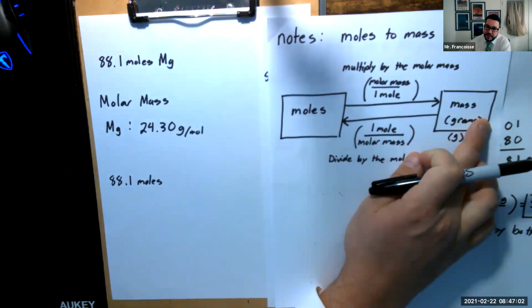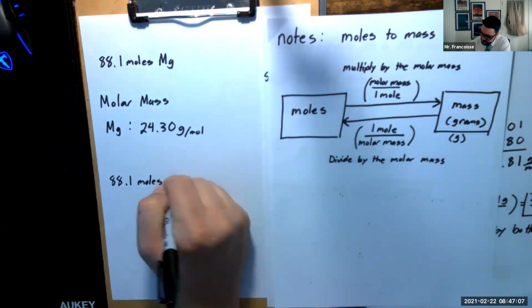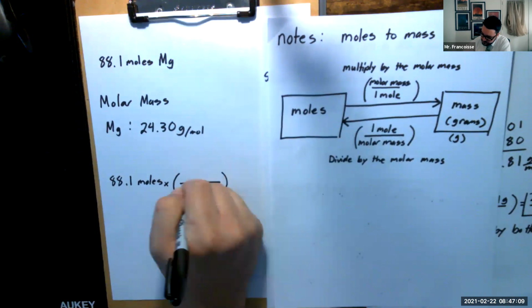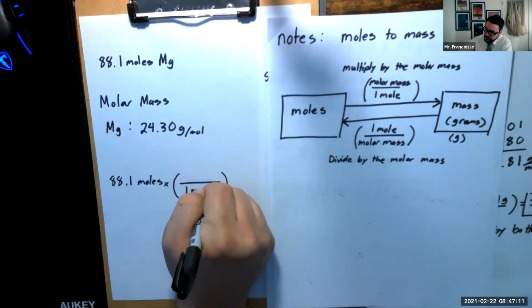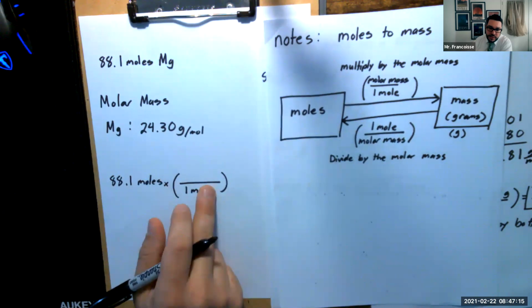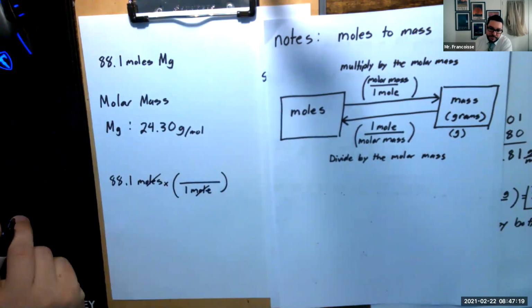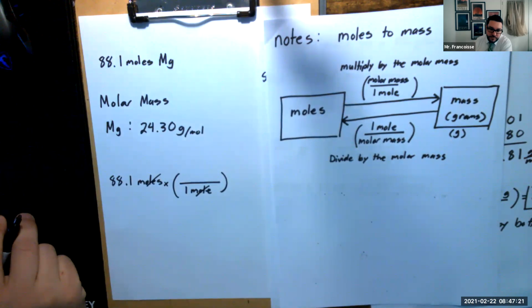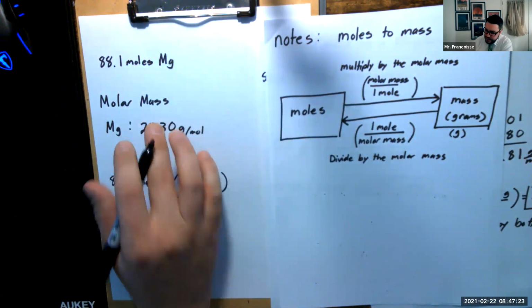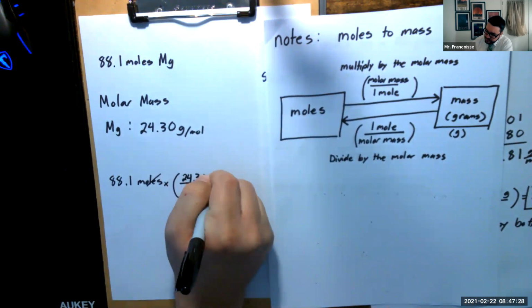So we're going to set this up so that we have molar mass over one mole on the bottom. One way to see if you did this right, the units should cancel out. So whatever's on top here should cancel with what's down there. So this is our mass. We have 24.30 grams for every 1 mole.